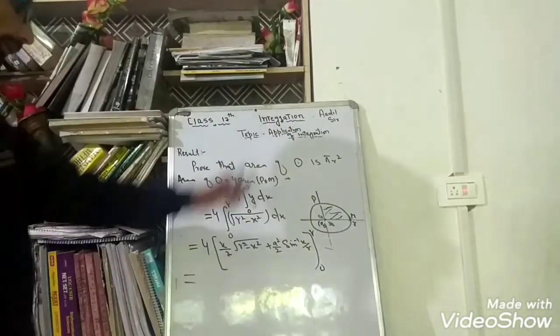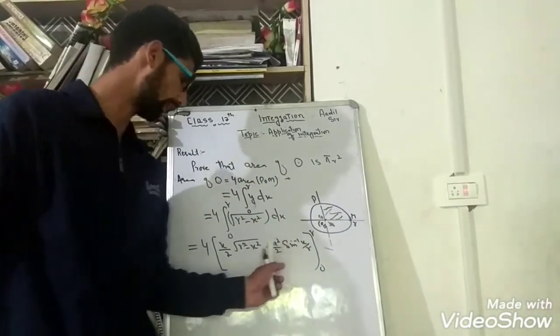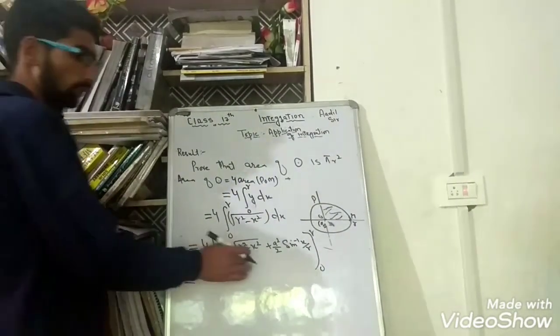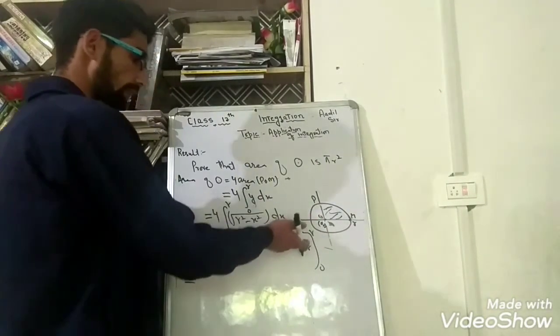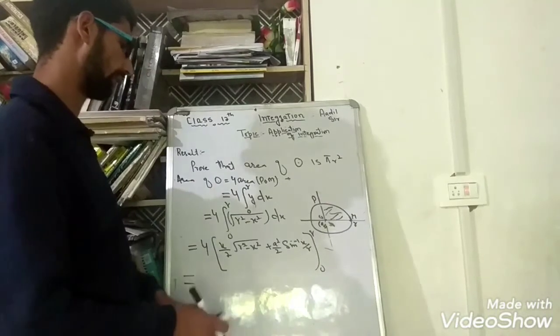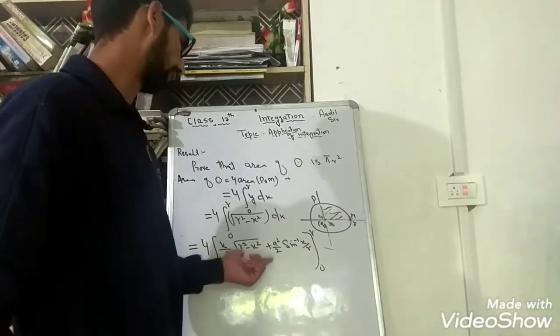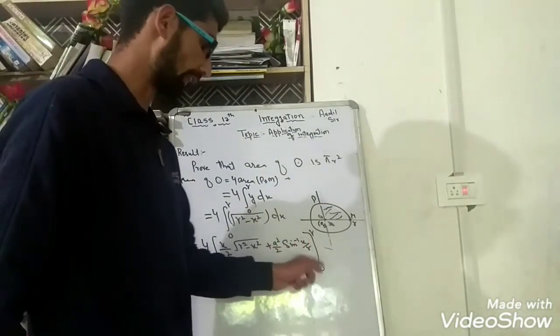We know by the fundamental theorem of integral calculus that we have to substitute the value of x as r, and then subtract the value when we substitute x equal to 0.